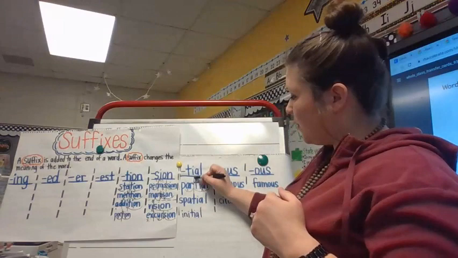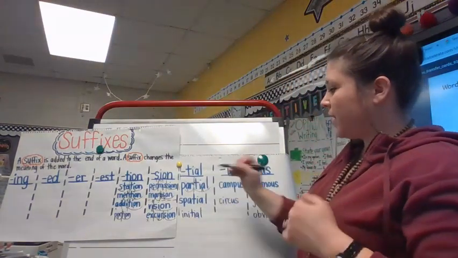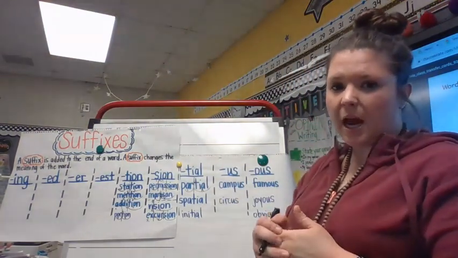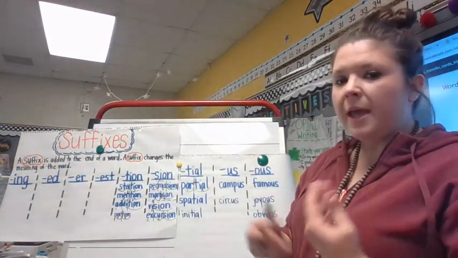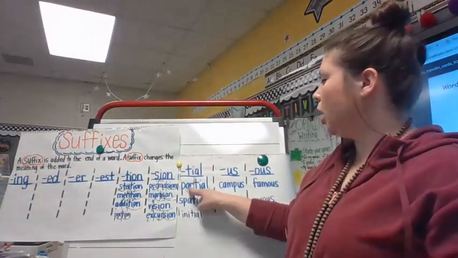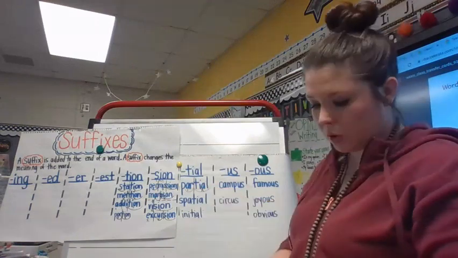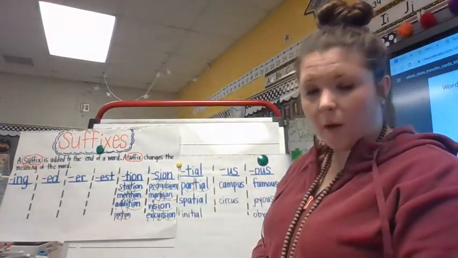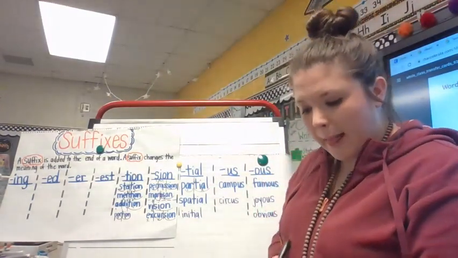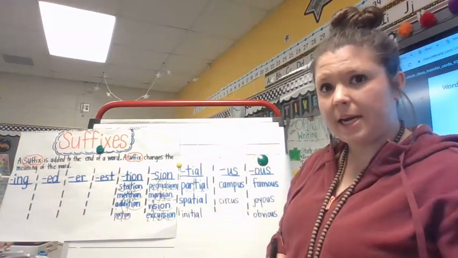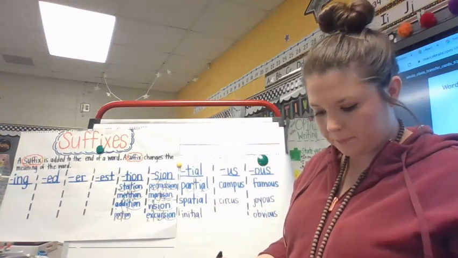So we're going to split it in between that vowel sound R and that suffix tial, which says shul. Now let's go back and read the word. Partial. Partial understanding of a story means that you don't understand all of the story.